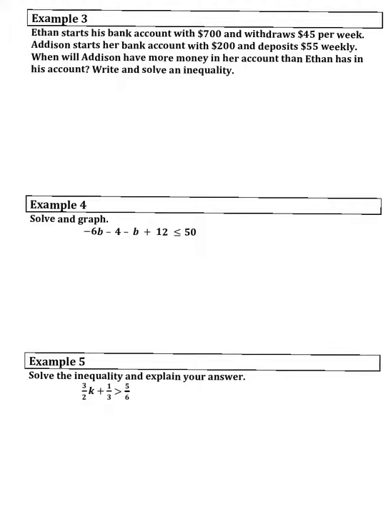Okay, so we have 2 people that we're talking about here, Ethan and Addison. I'm going to use 2 different colors to help me identify the information here. So Ethan has $700 in his bank account and he withdraws $45 per week.